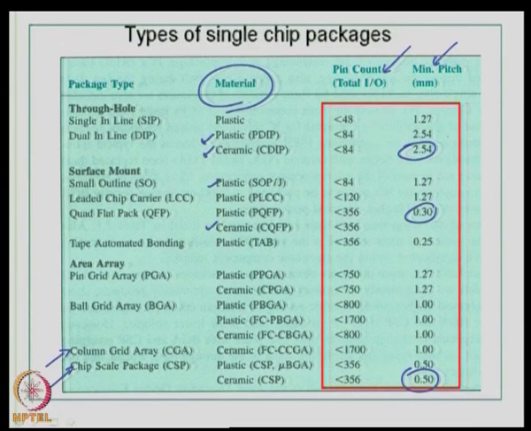So, you can see the range in minimum pitch as you go through this table, and also you can see the high pin count. Typically, you can look at even less than 48. Many of you would have seen 14 pin DIP, or today you can see FPGA components coming in BGA format, which has over 1700 solder balls, which represent the total I/Os that need to be connected onto a printed wiring board.